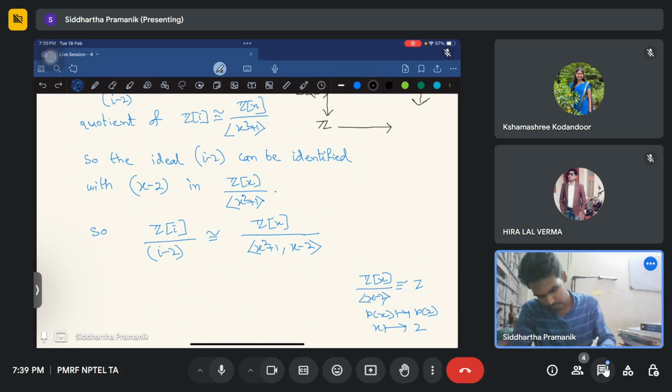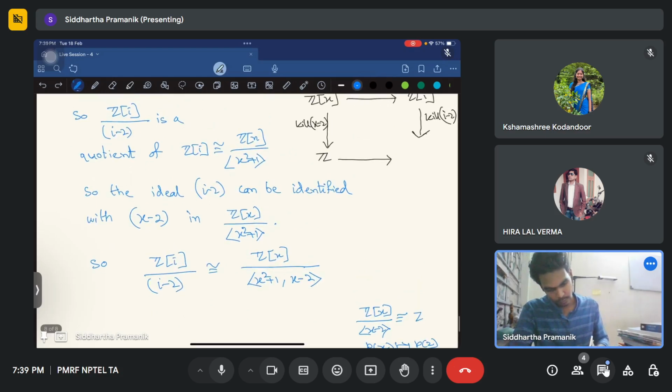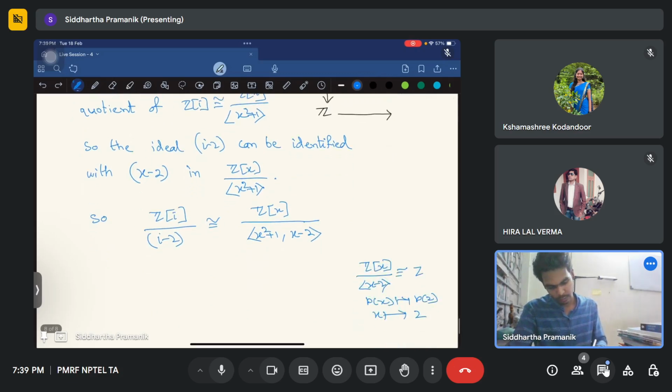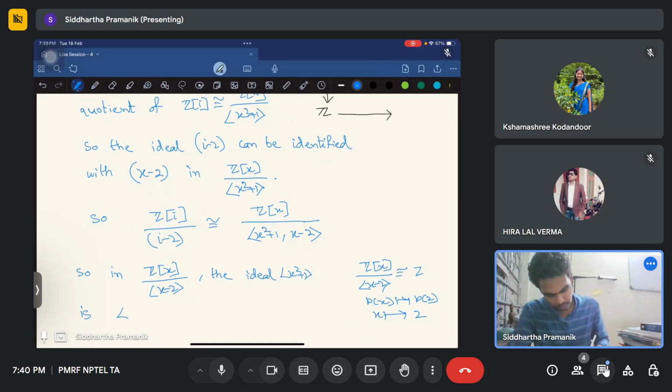So kill i − 2. So if we first kill x − 2, so x is replaced with 2, right? Then how will this ideal look like? So in Z[x] mod (x − 2), the ideal x² + 1 is basically 5, because we are identifying x with 2.